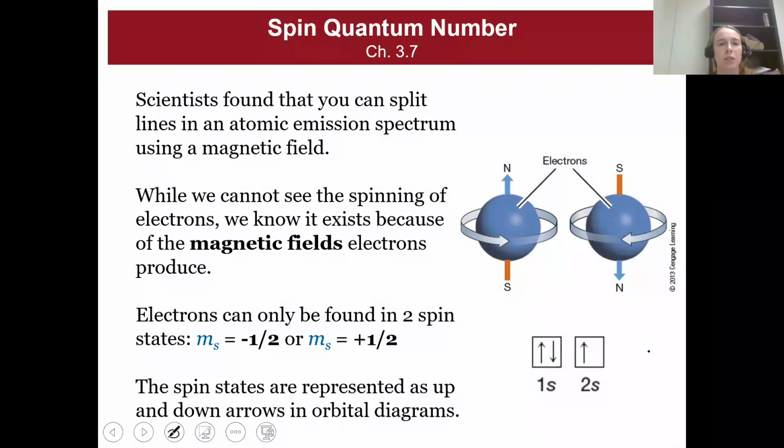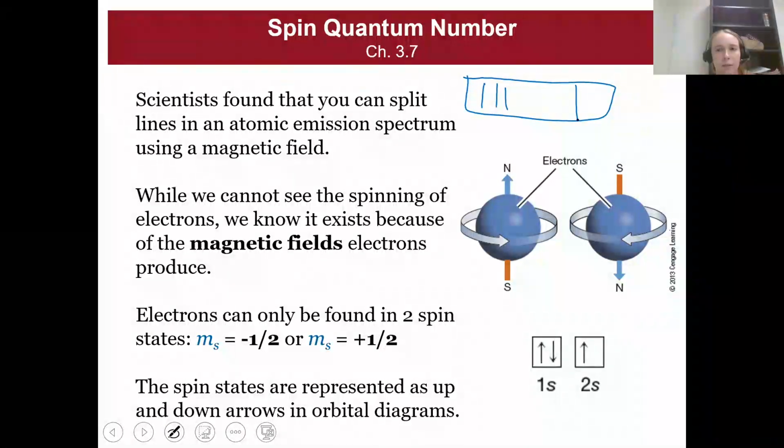All right, so scientists found that you can split lines in an atomic emission spectrum using a magnetic field. So remember those emission spectra that we had, like for hydrogen, there was a purple, there were like 2 blues, and then there was a red. Scientists found that if you put a magnetic field near your gas discharge tube, you can split one of those lines, or all of those lines really, into 2 separate lines.